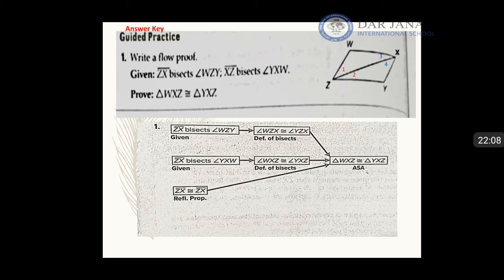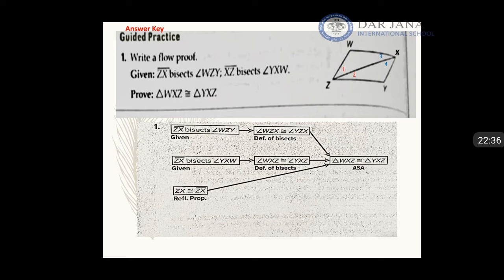So now we have the angle side angle postulate to use to prove that triangle WXZ is congruent to triangle YXZ, because we have two angles in the first triangle that are congruent to two angles in the second triangle. Not only that, we have the included side between those two angles, which is ZX, the included side between the two angles referred to by 1 and 3.